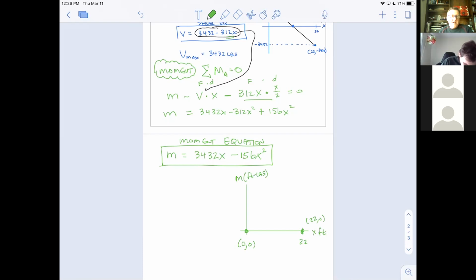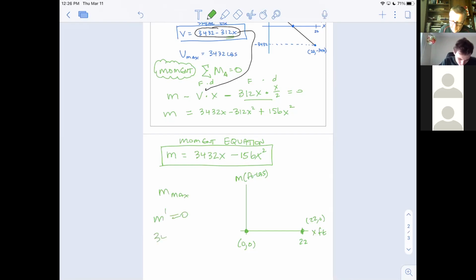If you can tell this is an upside down parabola, then you might be able to tell its peak. Maybe you remember your calculus 1. You can find the maximum by taking the derivative and setting it equal to 0. M prime is equal to 0.